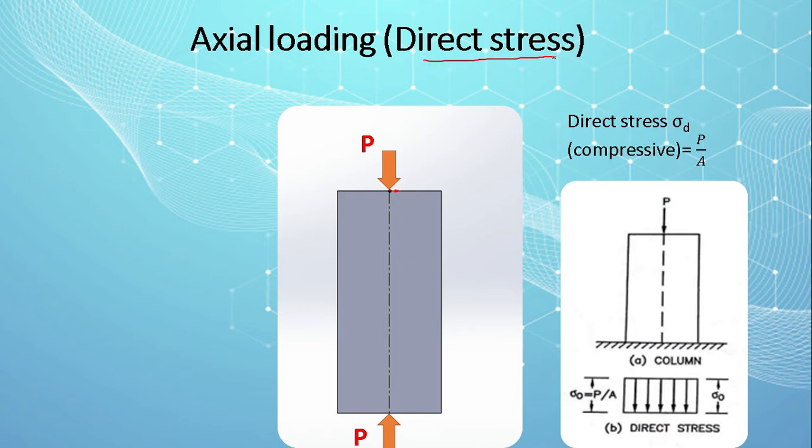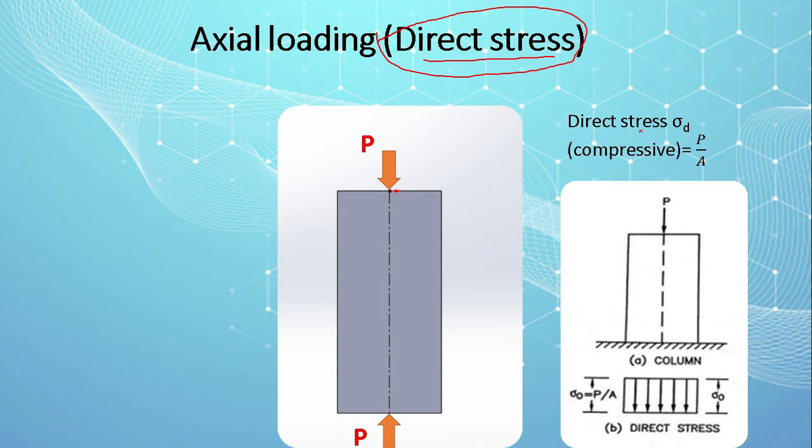Pay attention please. When we apply force along the axis of column or body, only direct stresses are generated. We have studied this in the second and third chapters, so we can easily calculate direct stresses.